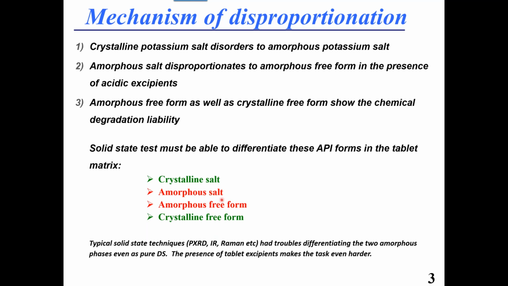So it could see salt from freeform, but it couldn't tell whether the salt is amorphous or crystalline or the freeform was amorphous or crystalline. And that all was scrambled in formulation. So it can do it in drug substance, but not in formulation because IR used the carbonyl stretch, that was basically masked by other excipients and other API.